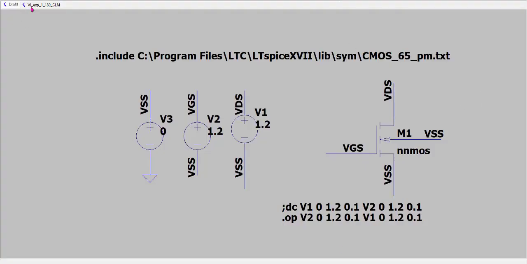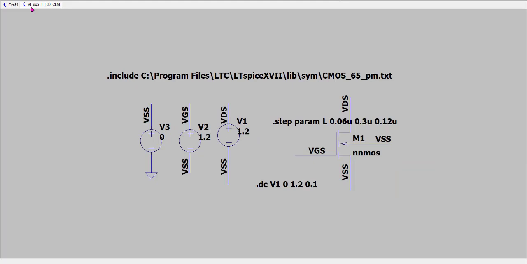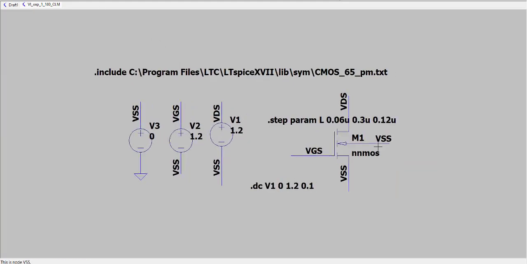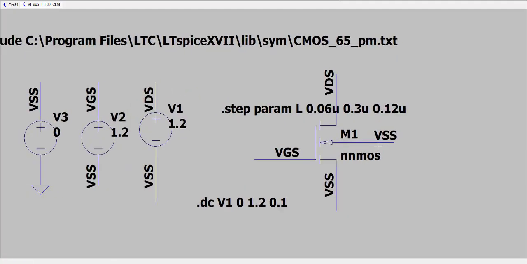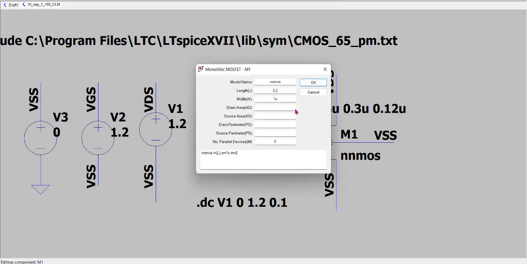LTspice window. Okay, so here what I'm doing is, everything else is fixed. I'm varying VDS, and I'm also varying the channel length of the MOSFET. So how to do that?